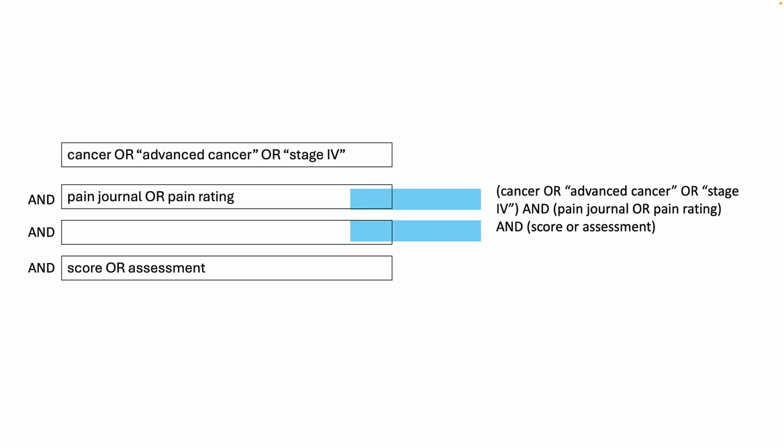Now we've used these search boxes. You can see that I've put or in between each of these different synonyms that I've used, and we've used and in between the different aspects of the question. So the synonyms that I've chosen, I could choose any number of words to describe patients that have cancer.